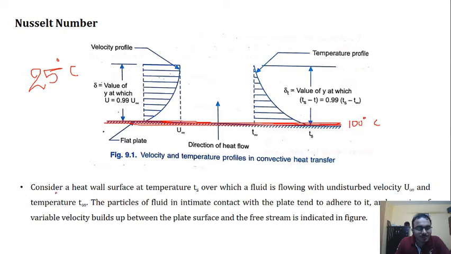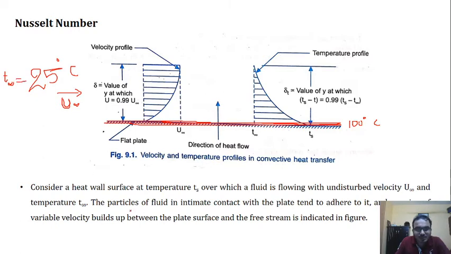So consider a heated wall surface which is at temperature Ts over which a fluid is flowing with undisturbed velocity u infinity. So here the velocity is u infinity, that is the free stream velocity, and temperature is T infinity.